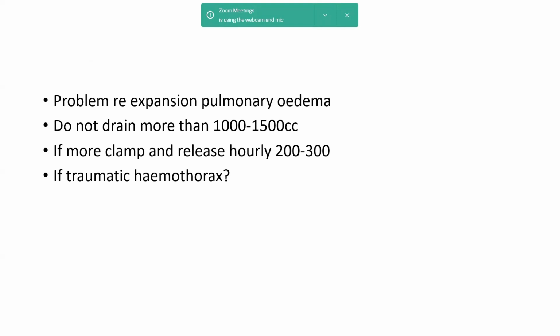By the guidelines, Western guidelines say 1,500, but our patients' body volume is pretty low, so 1,000 is the safe one. You drain 1,000 or 1,500, clamp it at that moment and do a controlled release. How early? 200 to 300 would be. Now that is in a case of a large effusion.